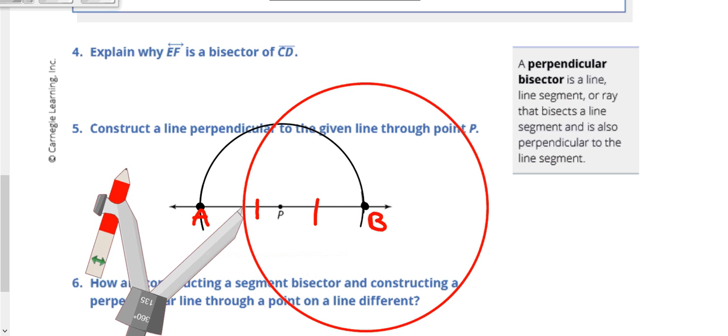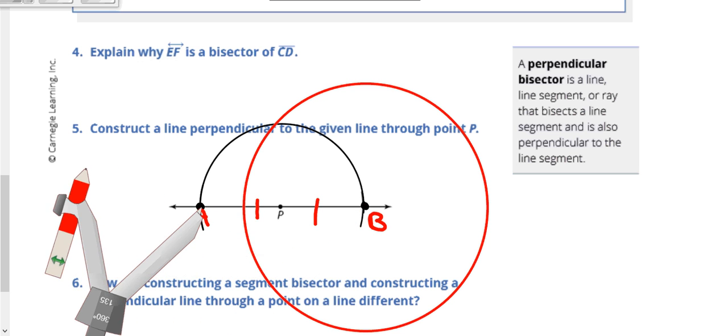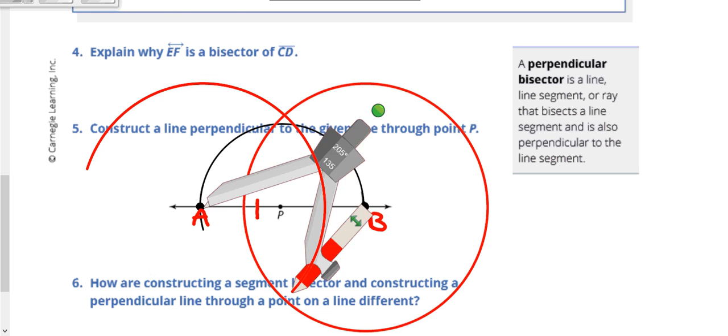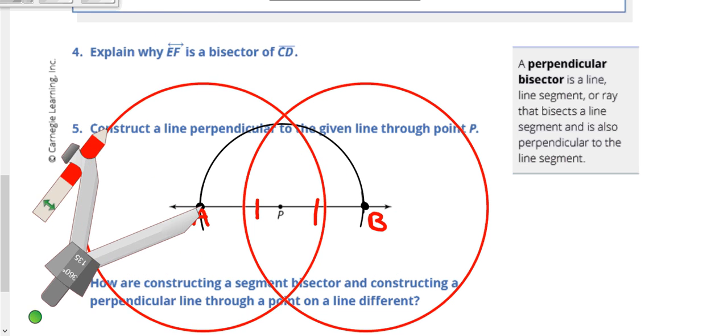So that's why you always need to make sure that your compass is somewhat tight and doesn't flop around. All right, so now I'm going to make another circle all the way around A.